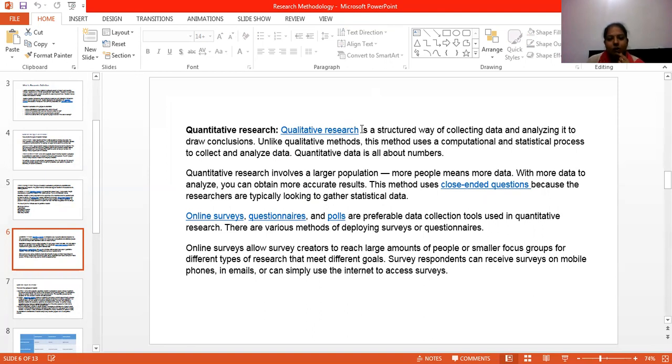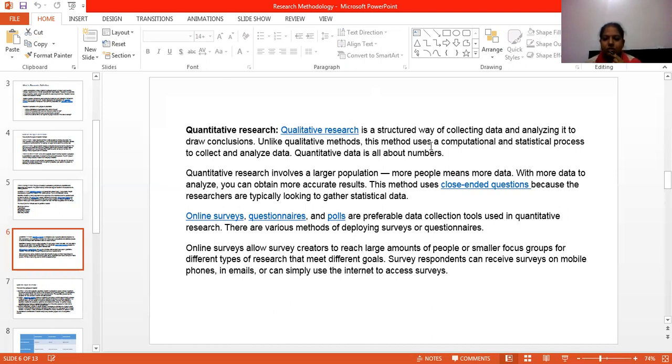Quantitative data is all about numbers. Quantitative research involves a large population. More people means more data. With more data to analyze, you can obtain more accurate results.